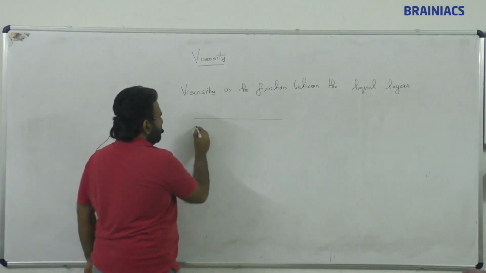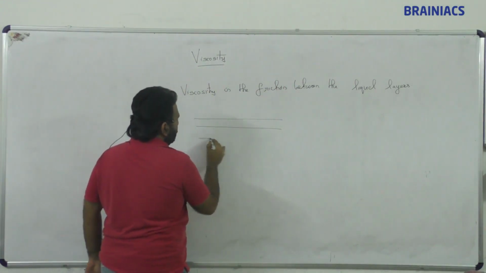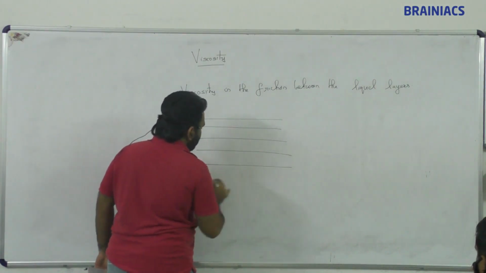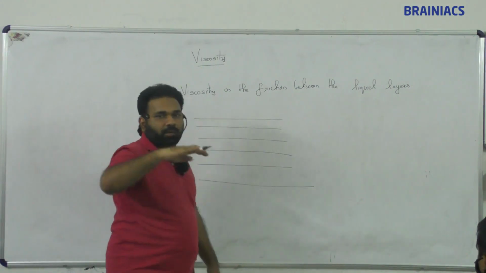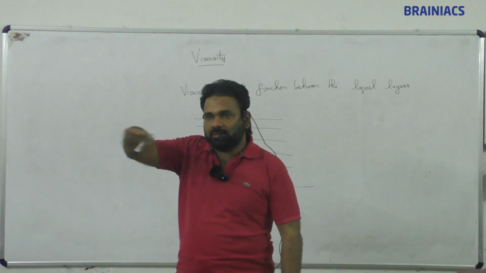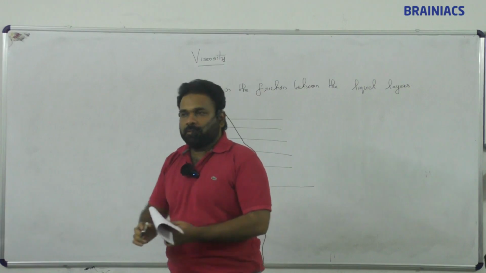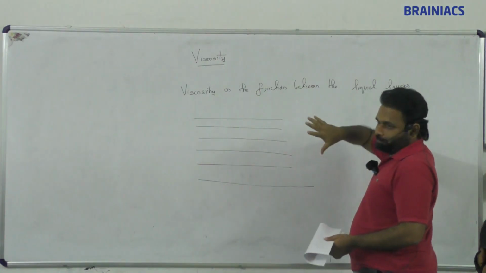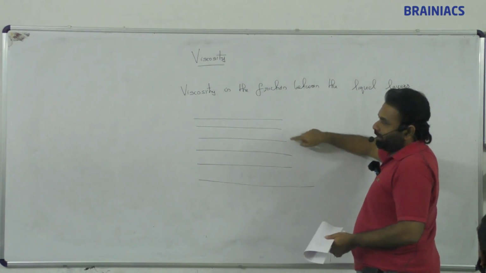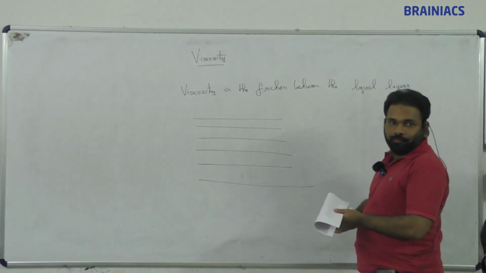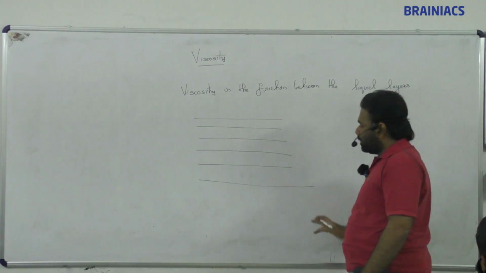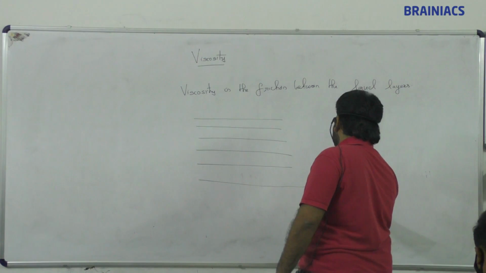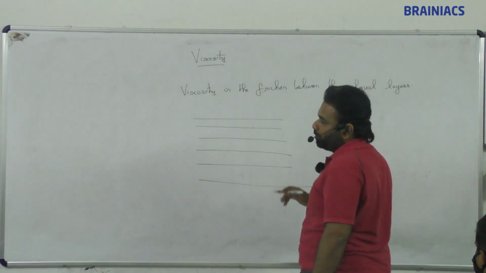Liquid layers will be what? Very close. Liquid layers will be just small layers. Suppose we zoom in on those layers. So this is the first layer, second layer. Likewise, we are able to see them separately. Now suppose this is the river bed.